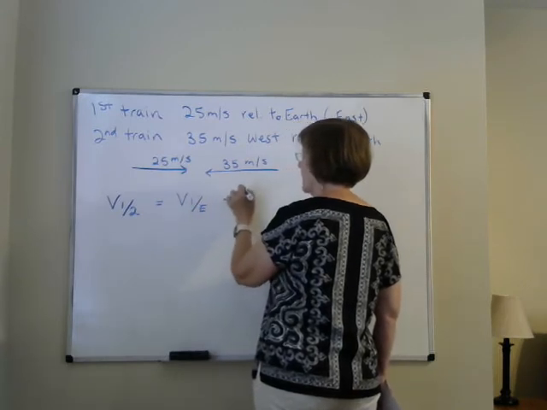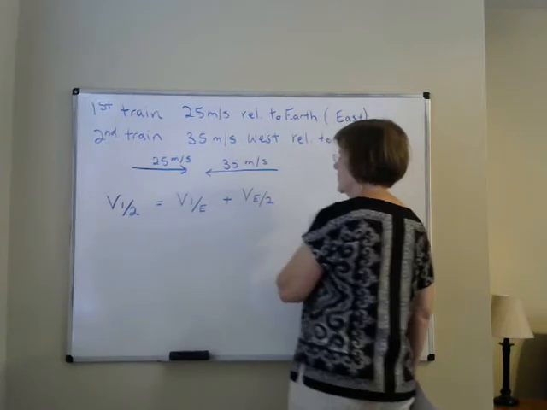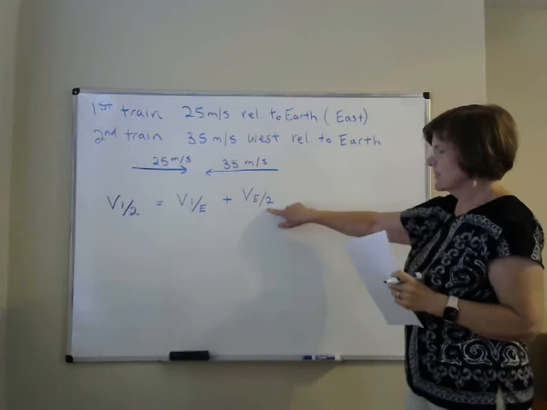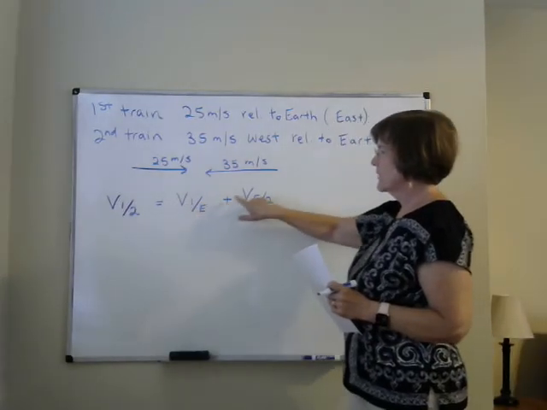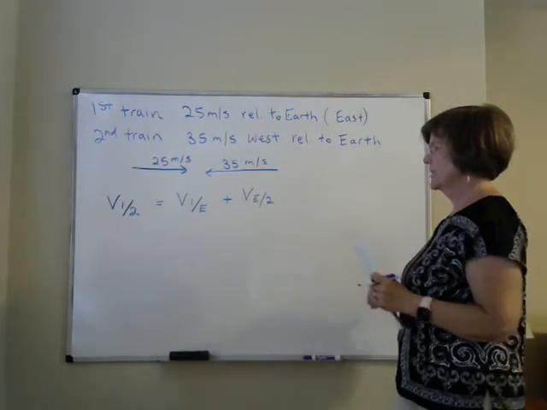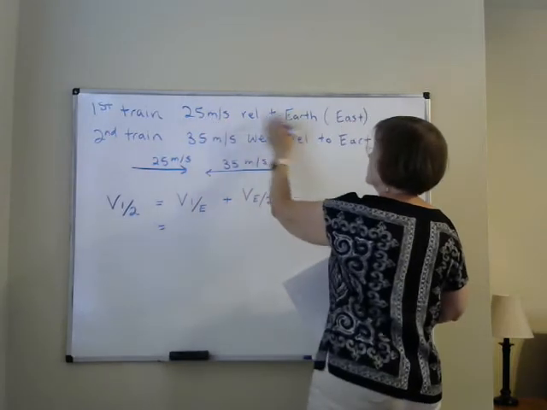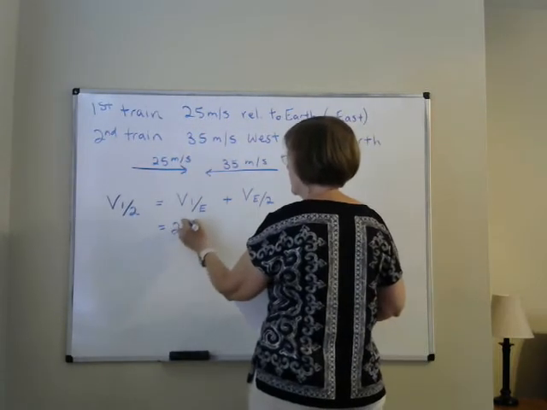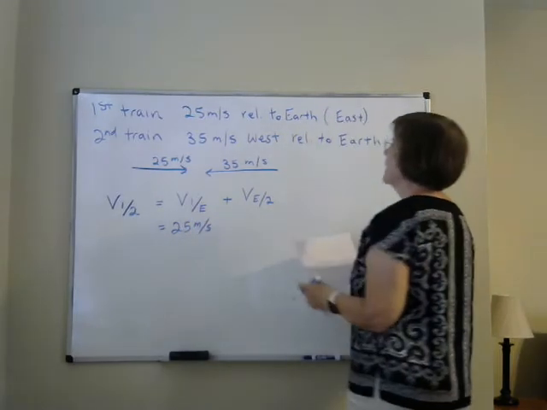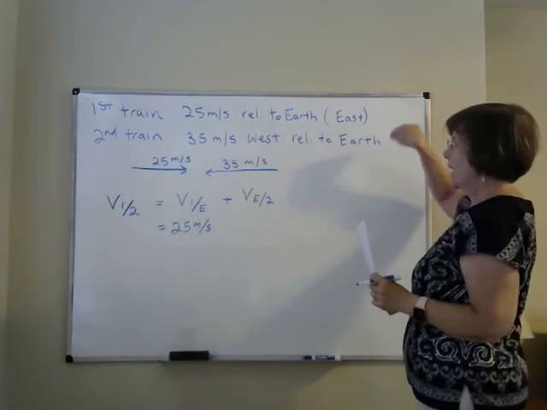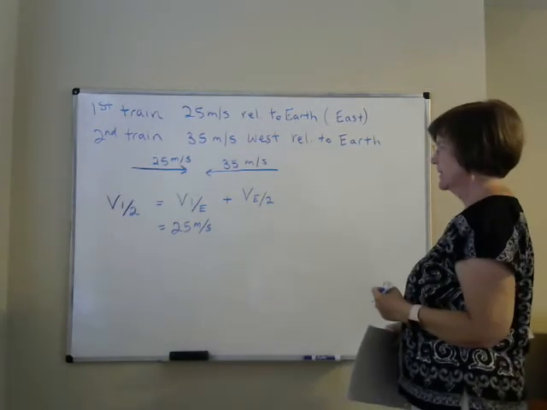I'm going to need the velocity of the earth relative to train 2. This is where it gets a little tricky. If I know this relative to the earth, then I need the velocity of the earth relative to train 2. Well, this is 25 meters per second. 35 meters per second west is negative 35 meters per second.